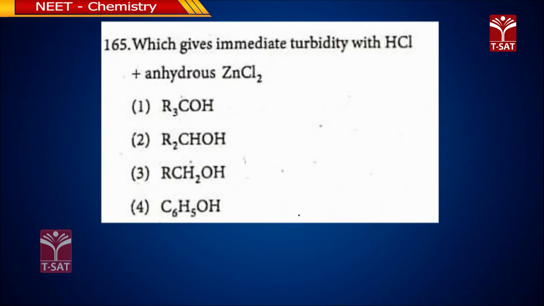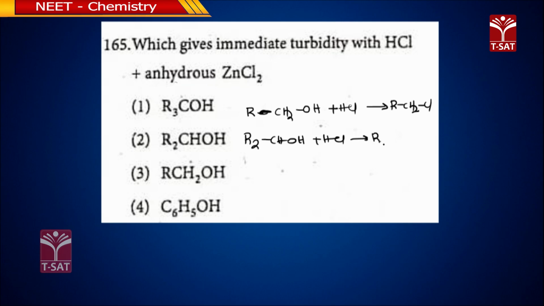And next, coming to the one which gives immediate turbidity with HCl and anhydrous ZnCl2. So generally alcohols react as follows: RCH2OH plus HCl in presence of ZnCl2 will give RCH2Cl. Again I am writing R2CHOH reacts with HCl and forms R2CHCl, and also R3COH reacts with HCl and forms R3CCl.